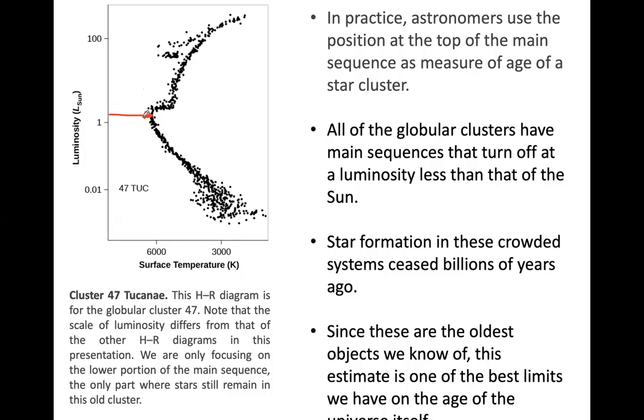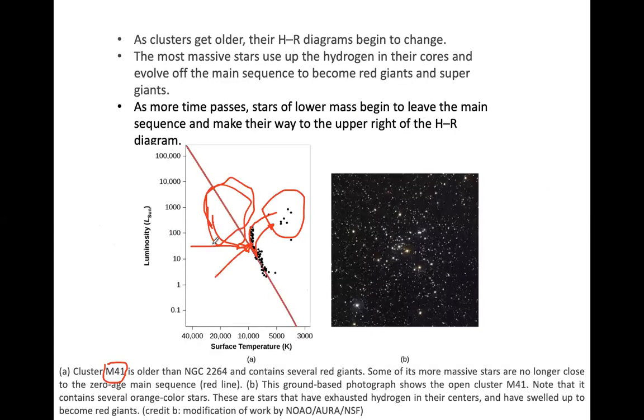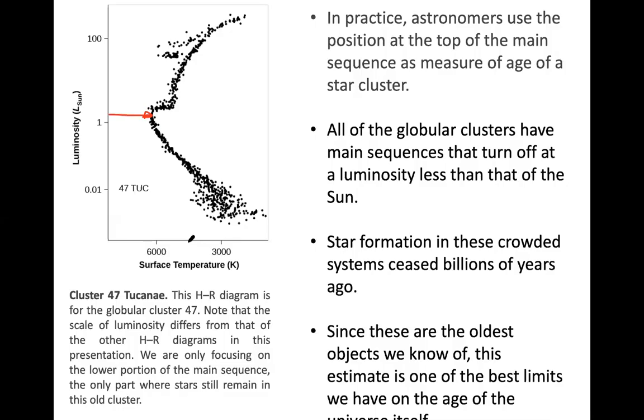So these diagrams are in different scales. This one turns off very close to one, maybe a little bit more than one. And here it's 10 solar luminosity. The scale is different, but the turn off point is right here because it's a very old globular cluster, right?